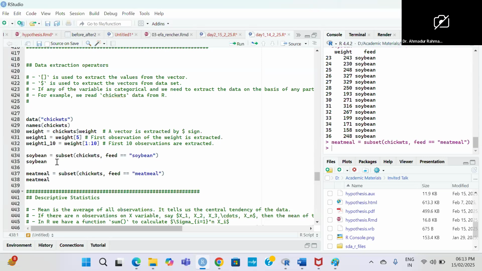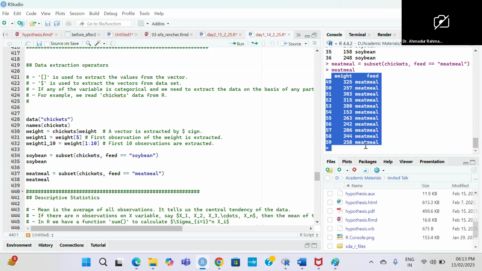Then we run this and print this again. We see that observations 49 to 59 are stored in the chickweight data set, and the weights are for meatmeal.